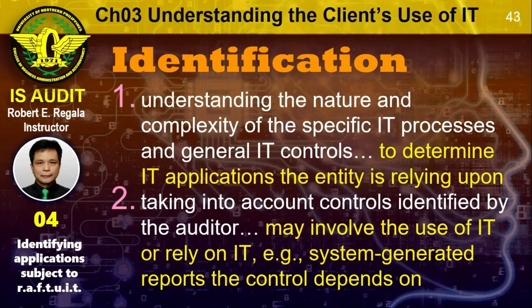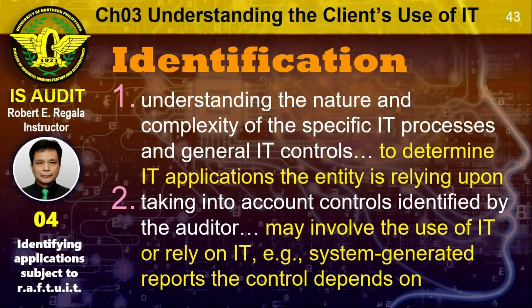The auditor may also consider how information is stored and processed in the information system relating to significant classes of transactions, account balances, and disclosures, and whether management is relying on general IT controls to maintain the integrity of that information.